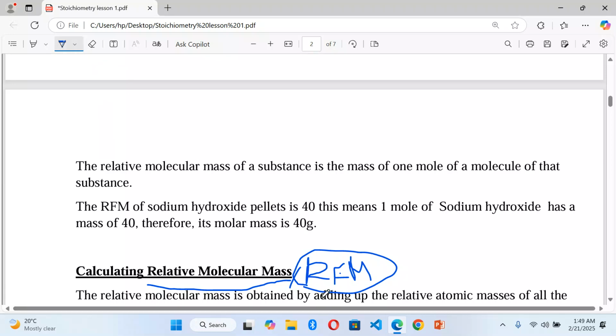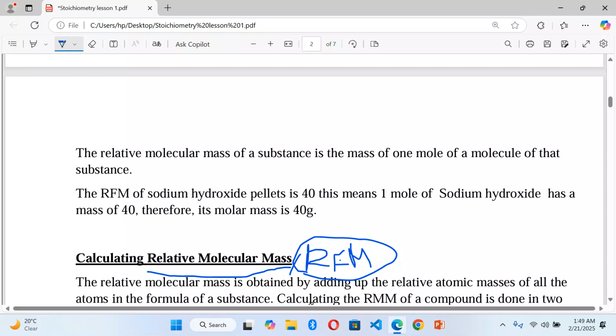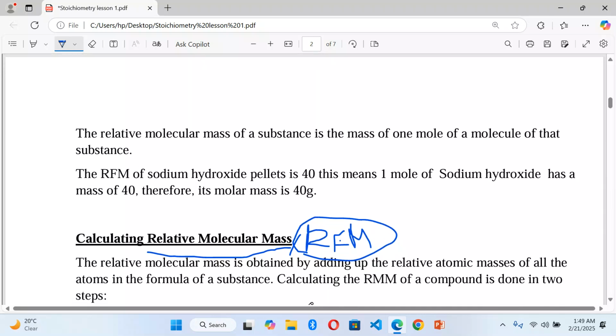Okay, let's look at that. How do we calculate the relative molecular mass of a substance? The relative molecular mass of a substance is obtained by adding up the relative atomic masses. If you recall, we talked about this.